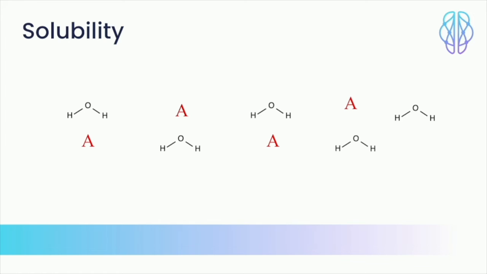As we know, water tends to make really nice hydrogen bonds between the individual water molecules, and I'll draw some hydrogen bonds indicated by these dotted lines. In order for substance A to be dissolvable in water, it needs to form intermolecular forces that are as strong or stronger than the intermolecular forces present between the individual water molecules.